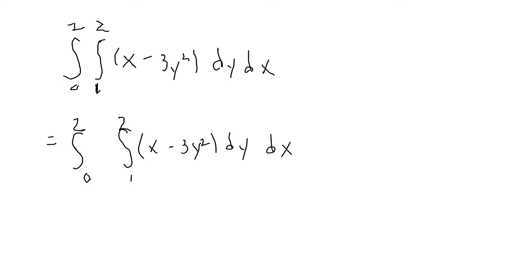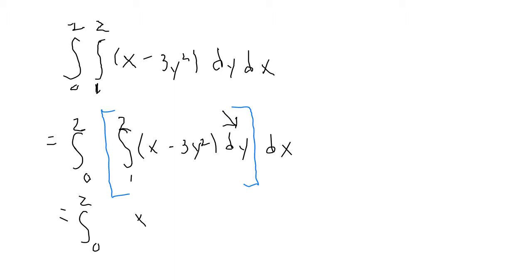Okay, so what I do is I iterate the integral. In other words, I'm going to compute my inner integral first. Now the inner integral, I'm integrating with respect to y. So I'm going to hold all the other variables constant. Well, the other variable is x. So the antiderivative, x is treated like a constant.